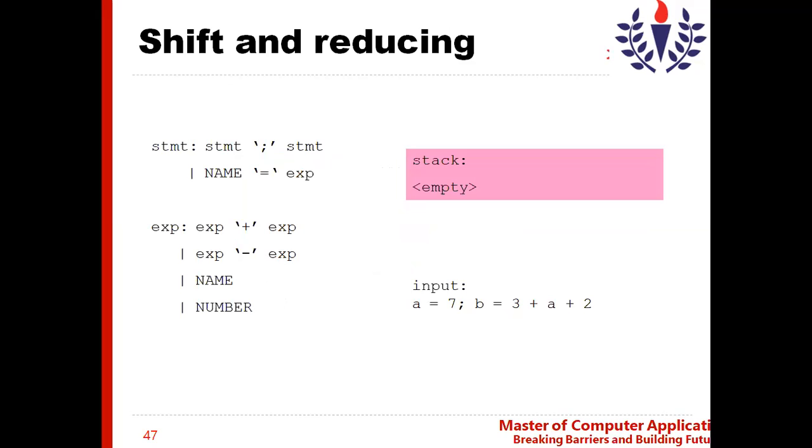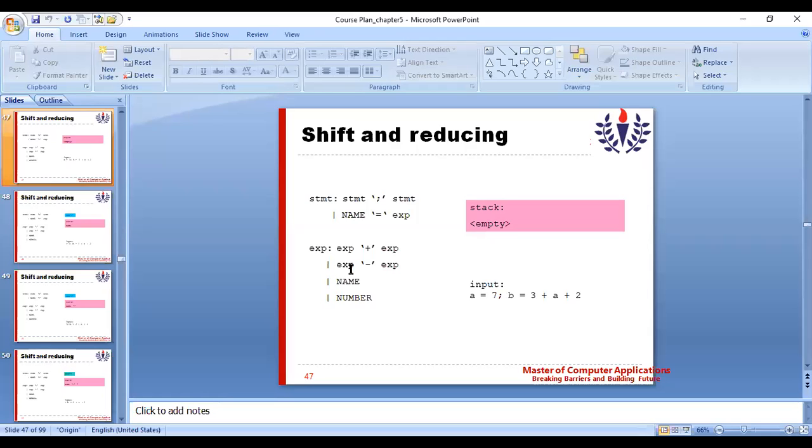So here we have the technique which is used in parsing, the shift and reduce technique. We use it here in order to identify how the parsing process will happen.